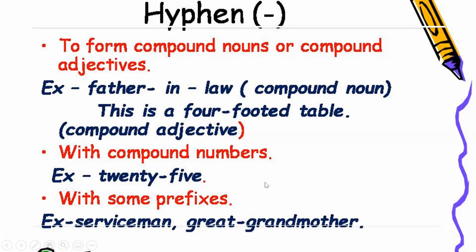Prefixes means there are some words which are added to make words, like if I say vice captain of a school. So vice is a prefix which is added before captain. So vice-captain, ex-serviceman, ex is a prefix, ex-serviceman, great-grandmother, re-entry. So re-entry, re is a prefix.